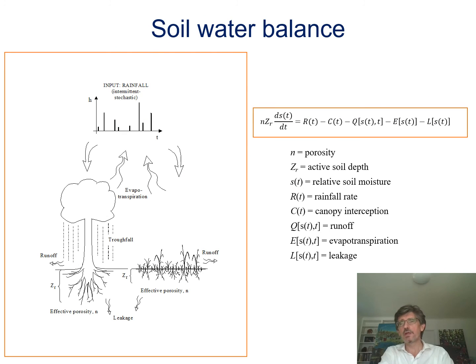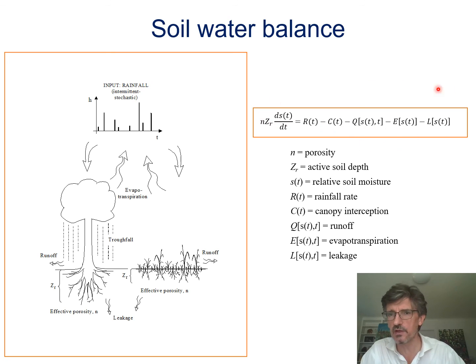So how do we go from the Richards equation to the soil water balance equation that, as I said at the beginning in the introduction, is really our goal, something that describes the rate of change of soil moisture in time with the inputs and the outputs that are connected to the hydrologic cycle: rainfall, canopy interception, runoff, evapotranspiration, and percolation.